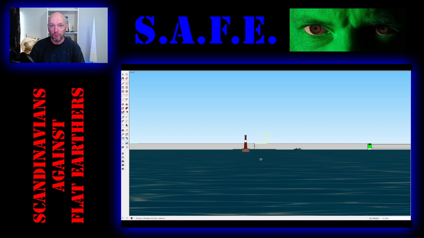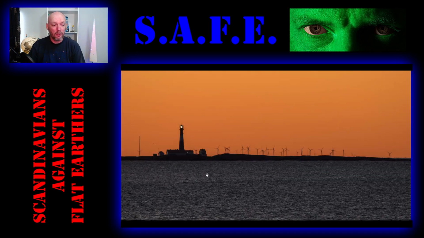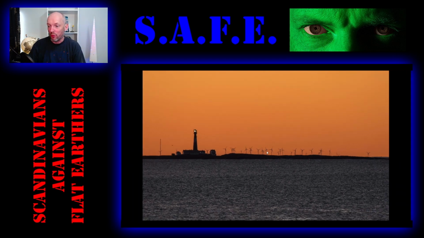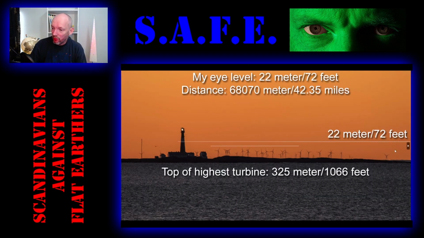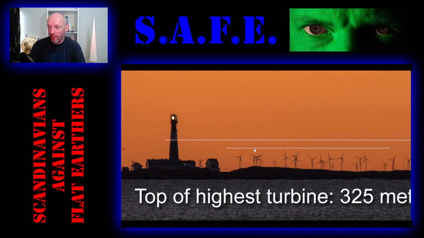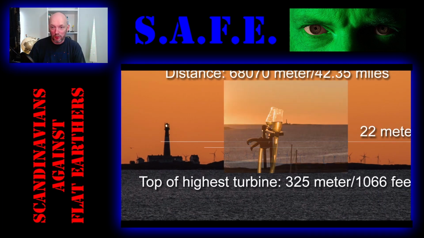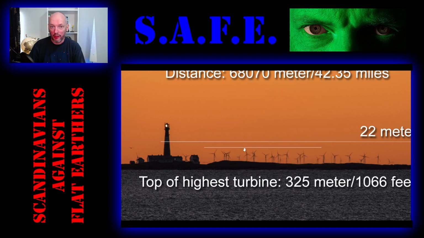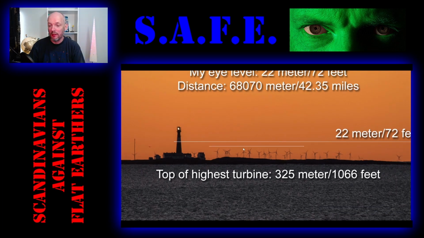Let's see my photo. This was the last time I was at the end of the world. As you can see here, the white part of Færder lighthouse, and the top of the turbines are just below that part. So my eye level is up here, no assumptions, and the top of the turbines are down here. No assumptions. This is the observation.